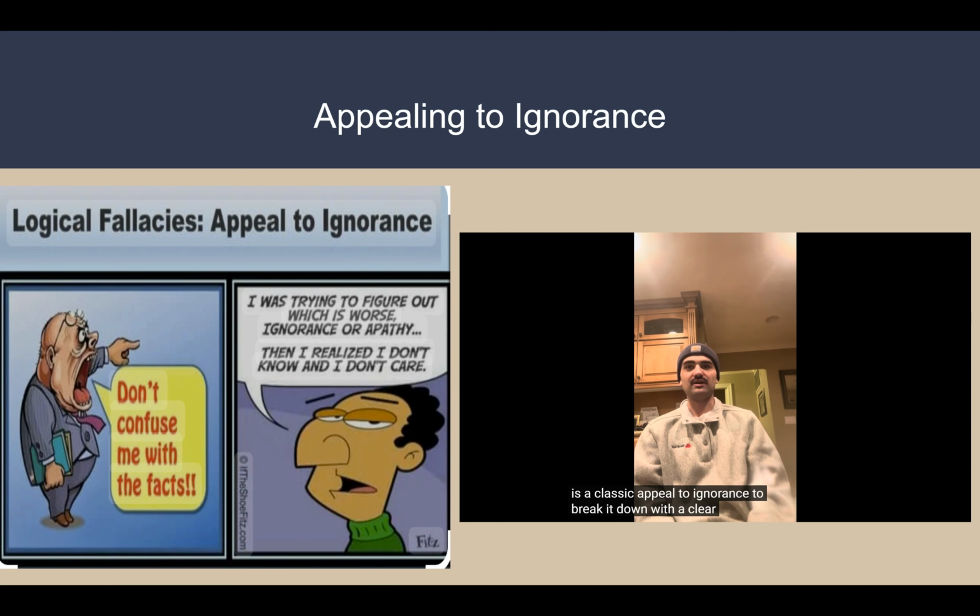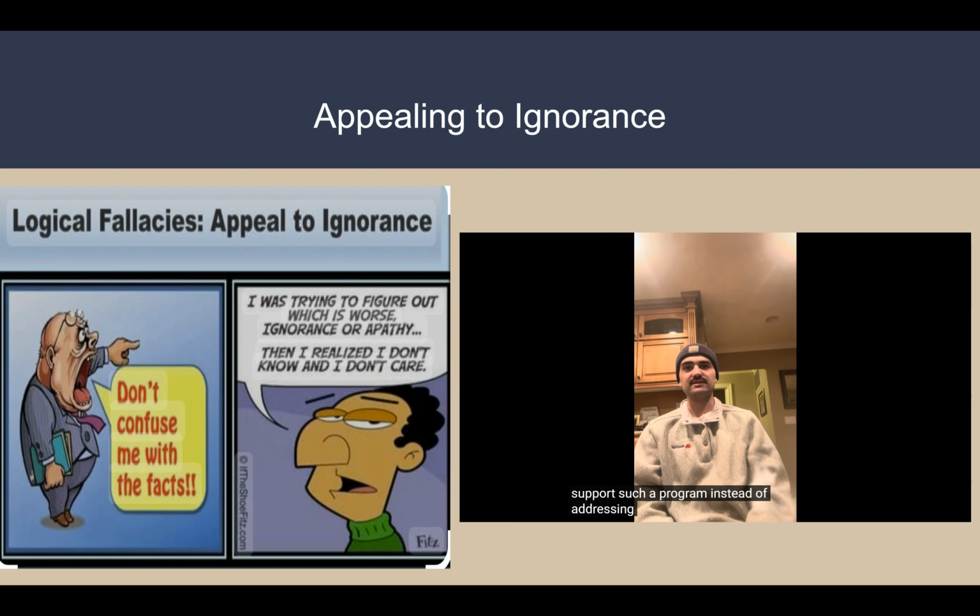To break it down with a clear example, let's look at a scenario from a recent election debate. Imagine one candidate proposing a sweeping, expensive healthcare plan. The opposing side criticizes it, citing that the country's current budget and infrastructure can't support such a program.